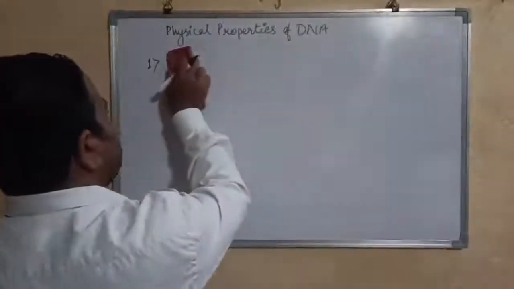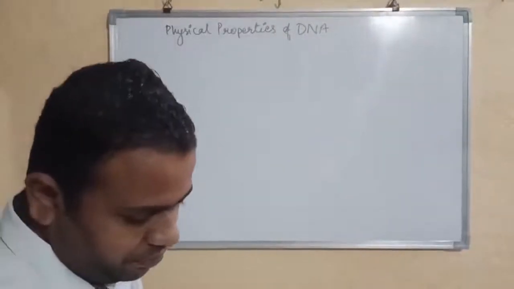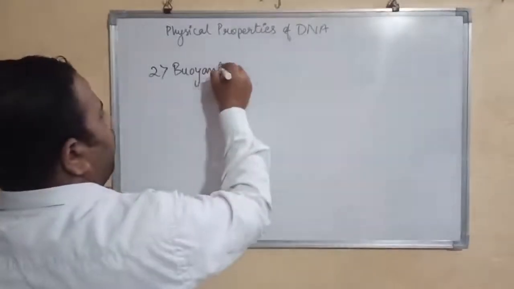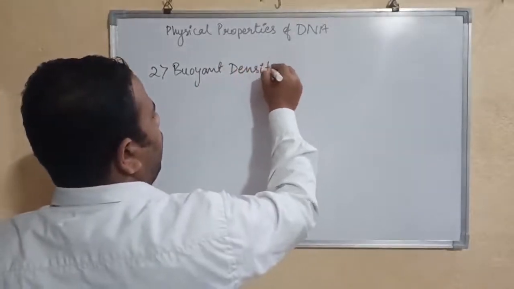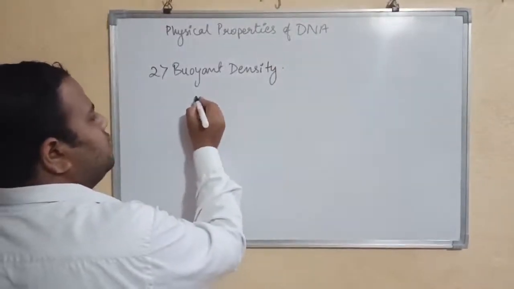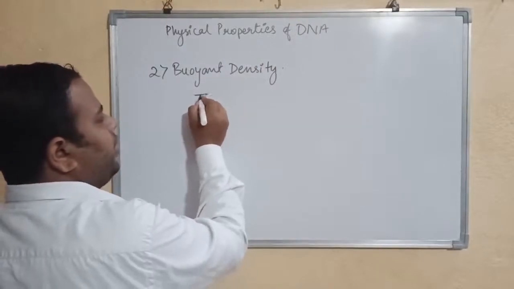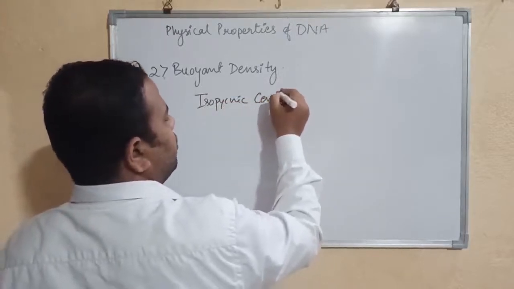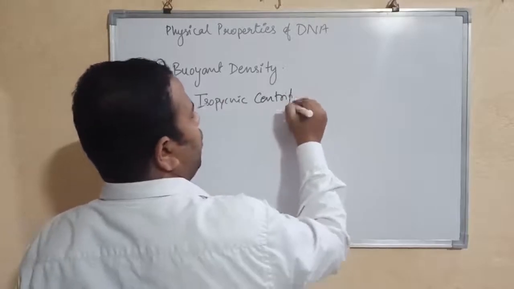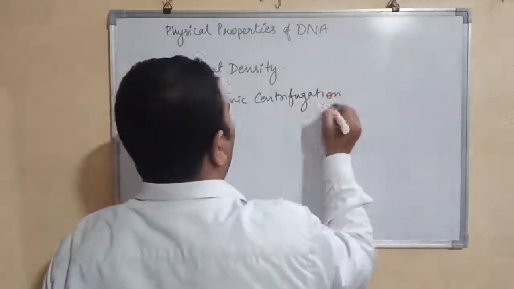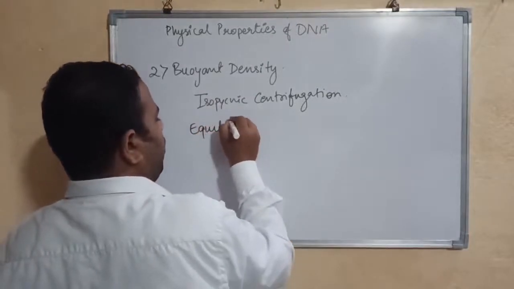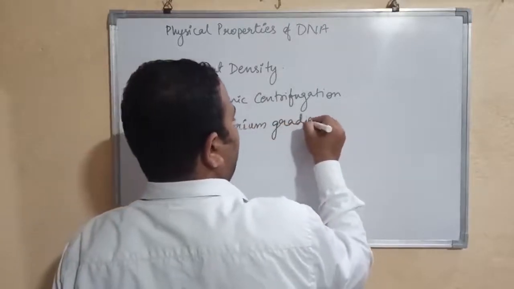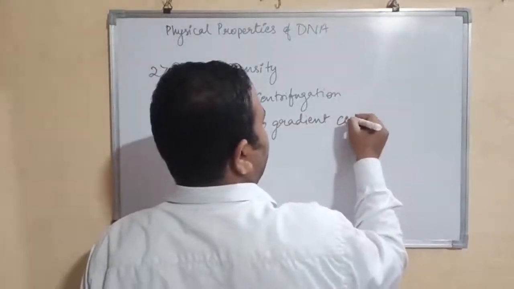The next property of DNA is buoyant density. It is also called the density of DNA. It is determined by isopycnic centrifugation, or this is also called equilibrium gradient centrifugation.